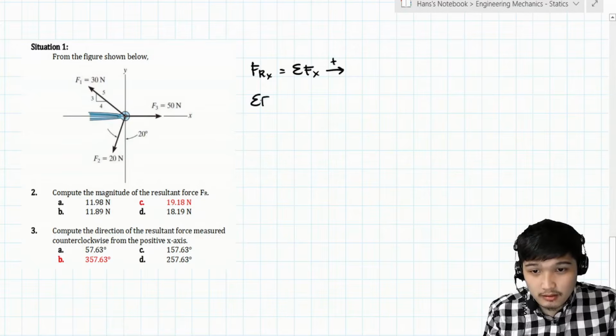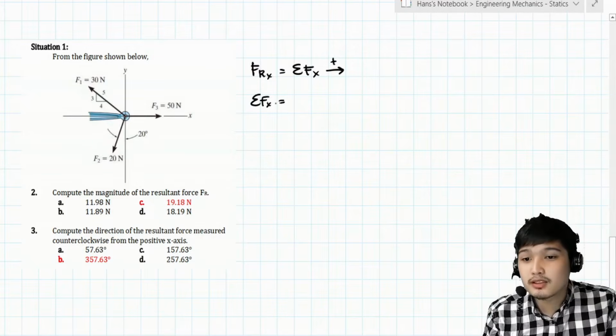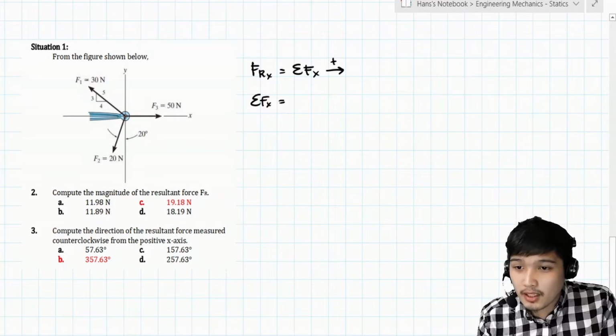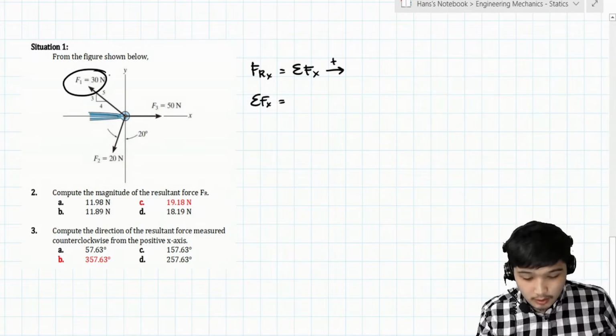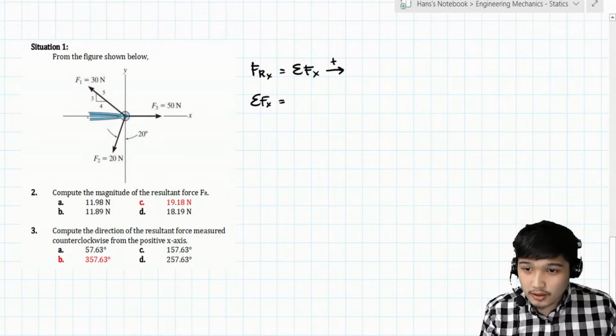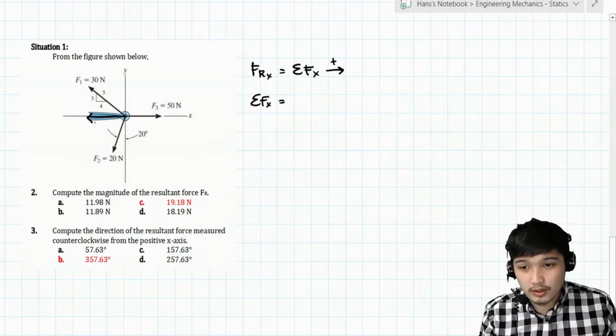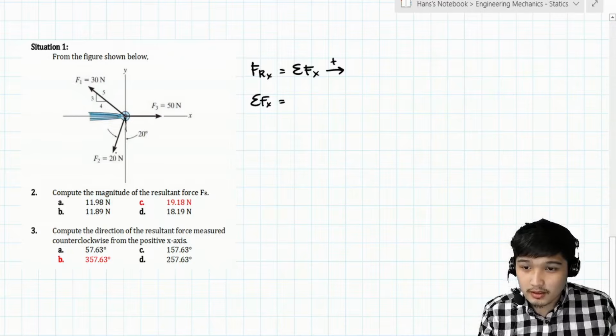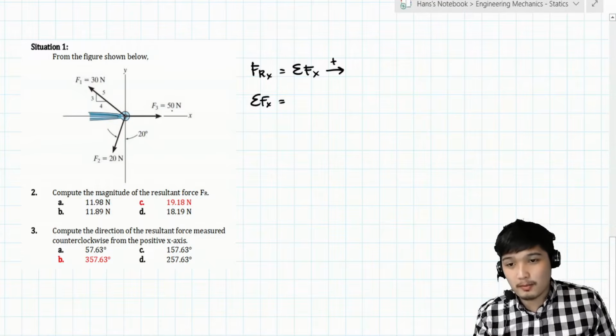Okay, so summation ng force along x equals, so we have F1. Yung F1 natin is meron siyang horizontal component towards to the left. Pati itong F2, di ba? To the left. Itong F3 to the right. So, dalawang negative, isang positive.